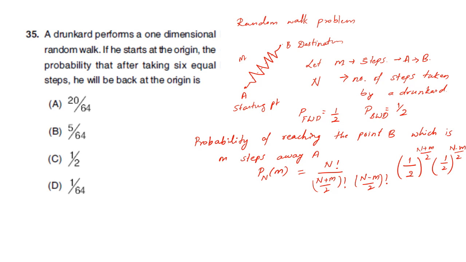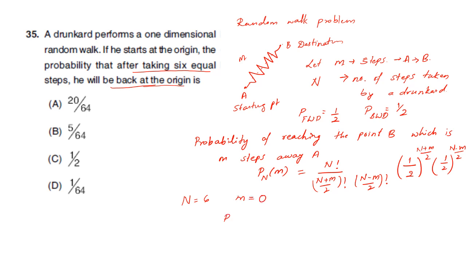But here it is given that after taking 6 equal steps, that means the number of steps taken by the drunkard is 6. He starts at the origin and finally reaches the origin only. That means m is 0.